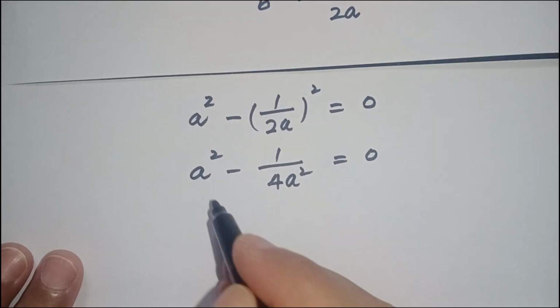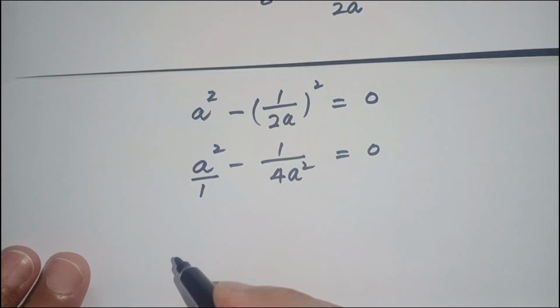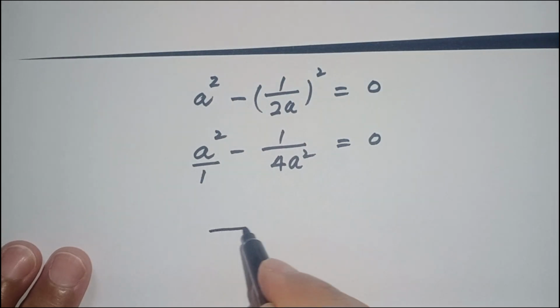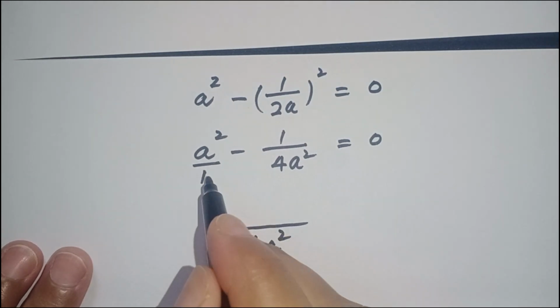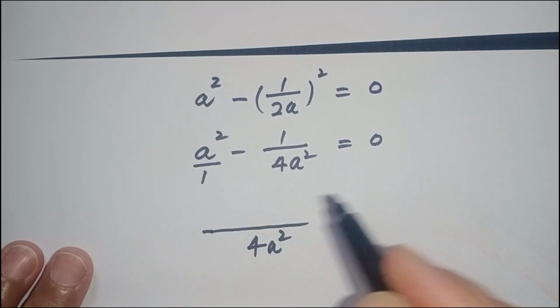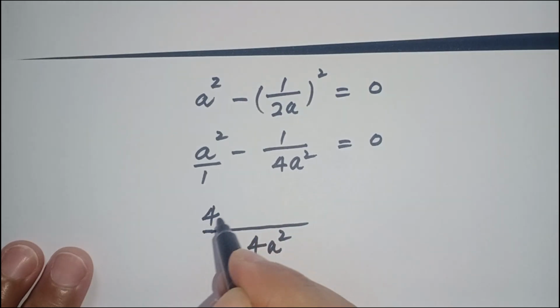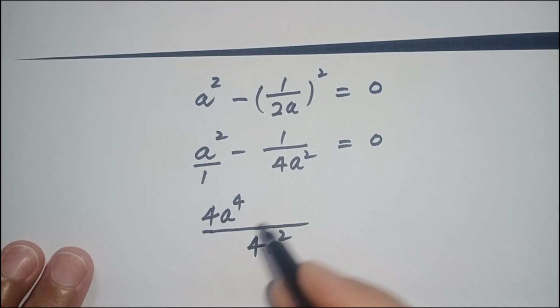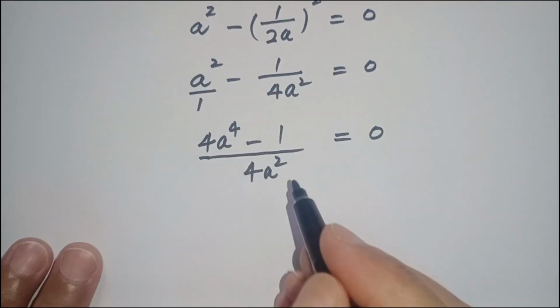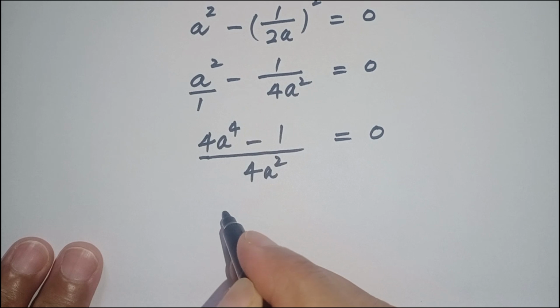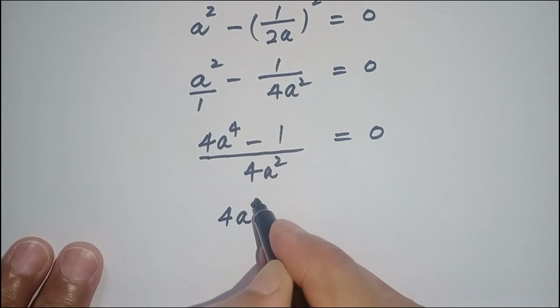Taking the LCM, we get 4a to the power 4 minus 1 over 4a squared is equal to 0.